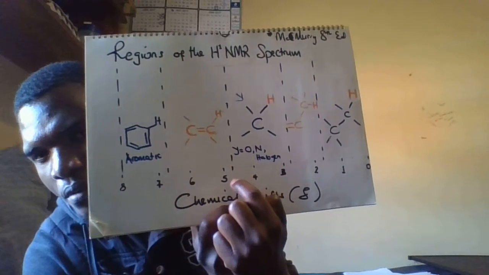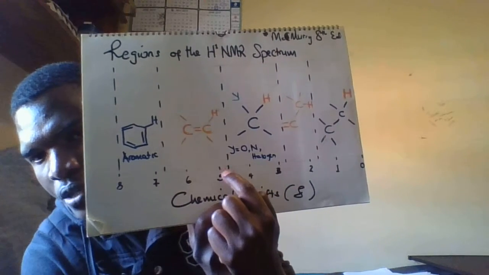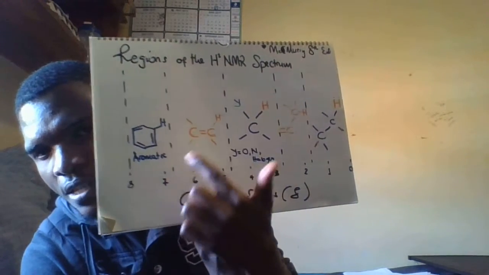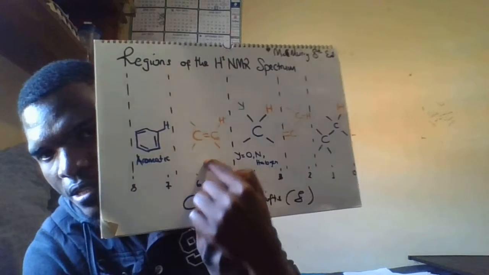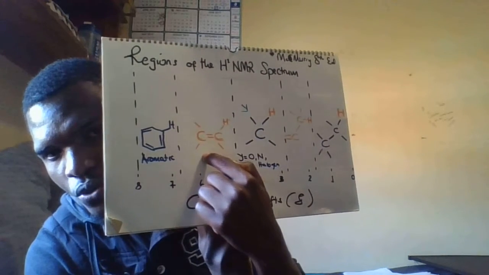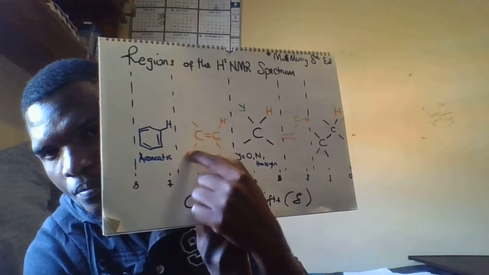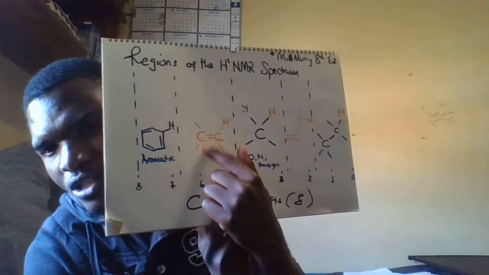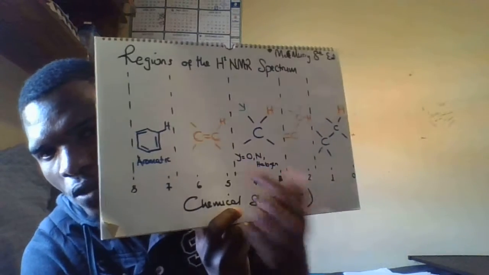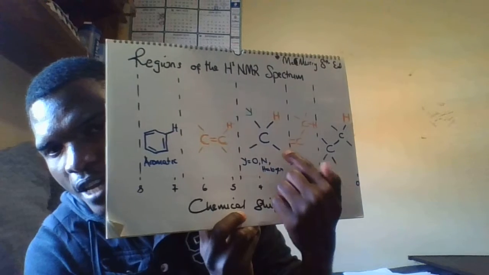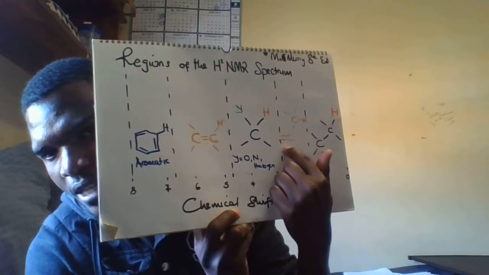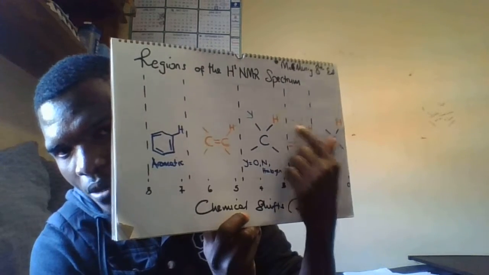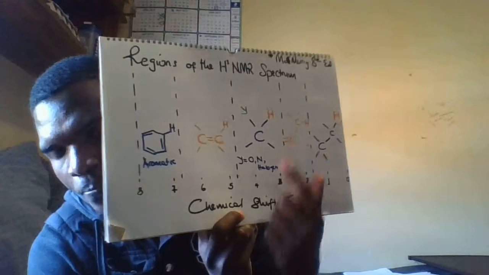Then if you have chemical shift values between 4.8, I would say, to 6.8, they are phenylic hydrogens, those hydrogens that are attached to a double bond carbon. Because you have a double bond carbon attached to another carbon that carries hydrogen, these are called phenylic hydrogens.